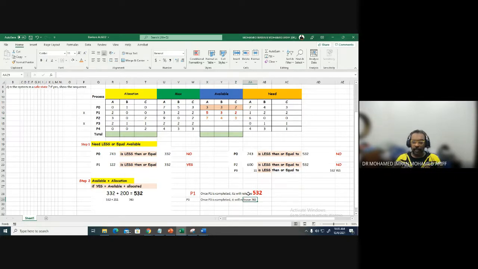Okay, I'll give you another 5 minutes to complete this and tell me the sequence. Maksudnya P1 dah habis, selepas itu P3, and then what is the next process? Ada 3 lagi proses. So I'll give you about 10 minutes. Okay, we'll stop and I want you to answer this question for the next 10 minutes, and I'll ask you the answer in 10 minutes time. So kita stop for a while.